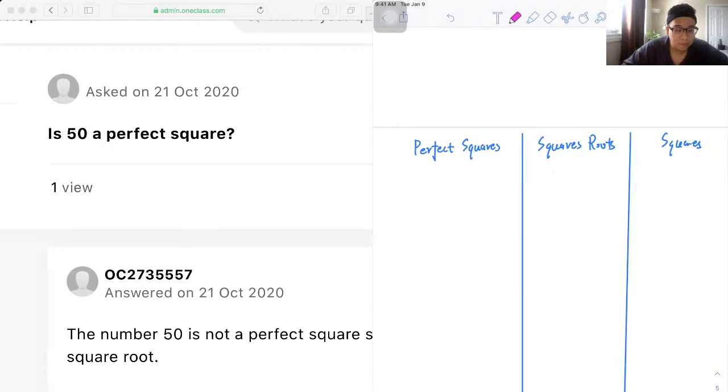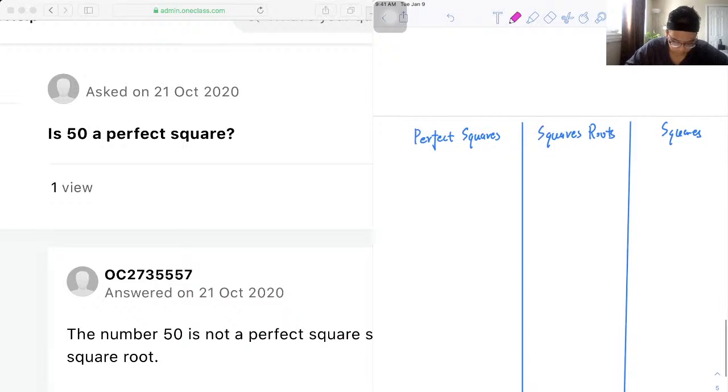Alright, so the smallest positive perfect square is just 1, since 1 times 1 is equal to 1. Therefore, 1 is also equal to root 1. And 1 squared just means 1 times 1, so it's just going to be 1 itself.